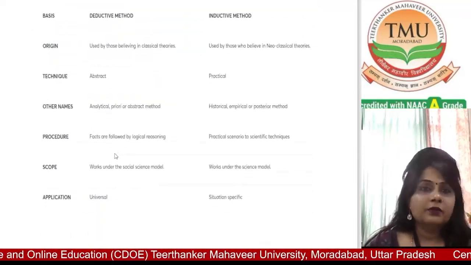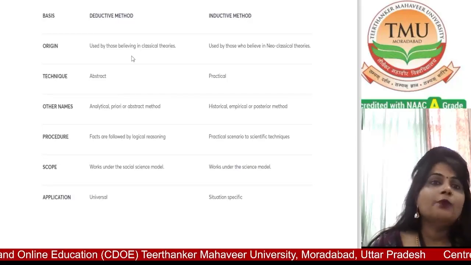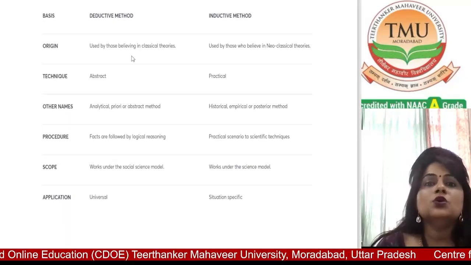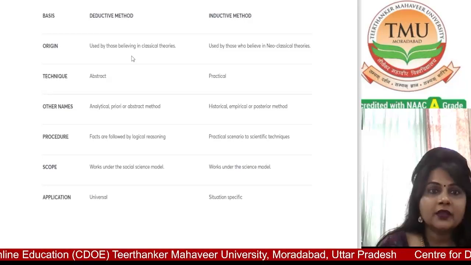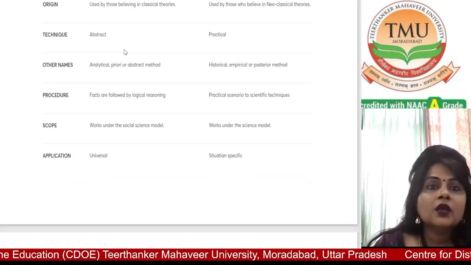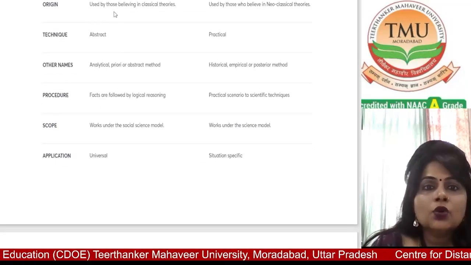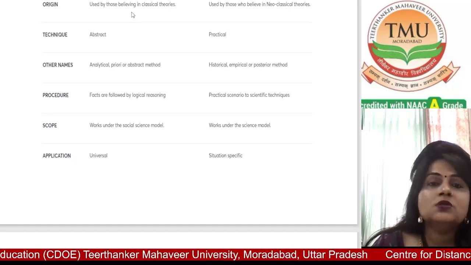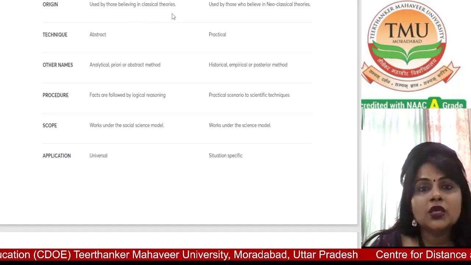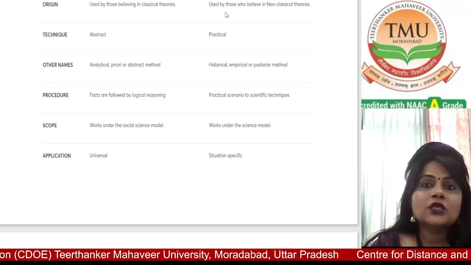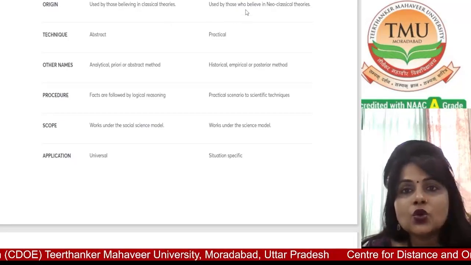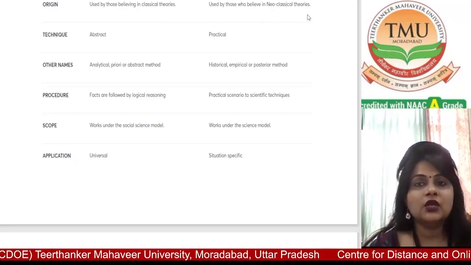With the help of this chart, we can find out the comparison of the deductive and inductive methods. First, the deductive method is used by those believing in classical theories, and the inductive method is used by those who believe in new classical theories.